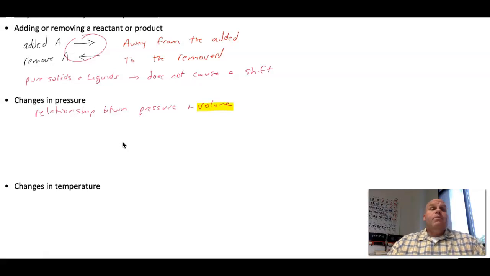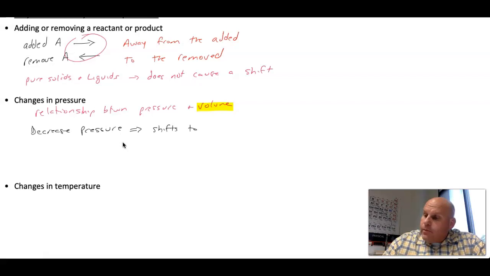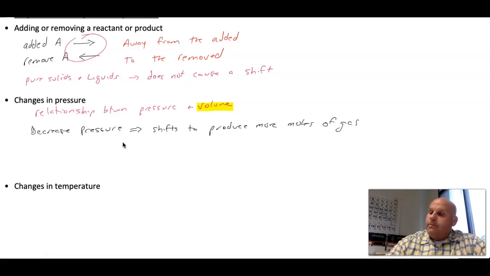Okay. If you are decreasing the pressure, again, you would do that by increasing the volume, correct? Decreasing the pressure, the shift is going to be to produce more moles of gas.